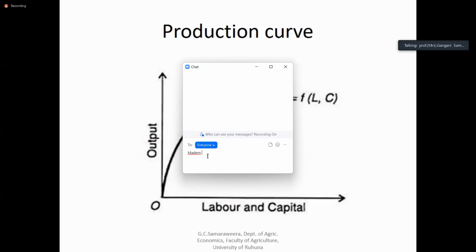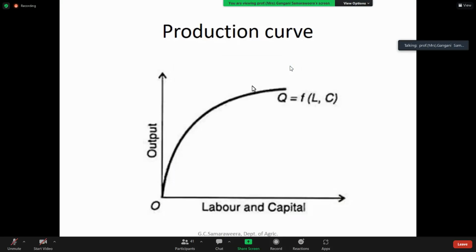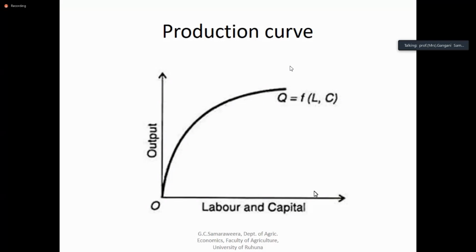After some limit, the production may decrease. More and more labor, output decreases. More and more capital, output decreases. So that's why we normally keep the shape of the production function like this.